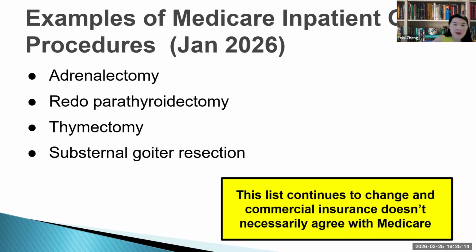We wanted to also just talk very briefly about inpatient-only procedures. So this is eventually going to go away, but it's still in effect for 2026. Medicare has a list of inpatient-only procedures where they feel these procedures are high risk and can only be done as inpatient status for the patient, which means that you have to certify that this patient is going to be in the hospital for at least 2 midnights.